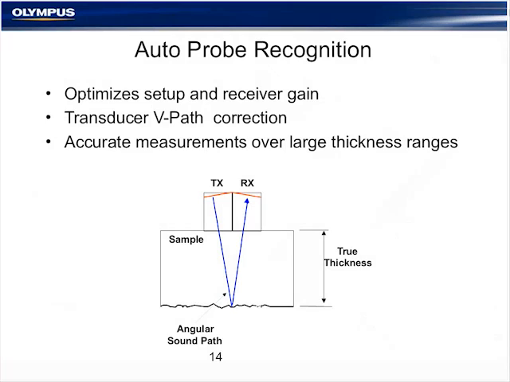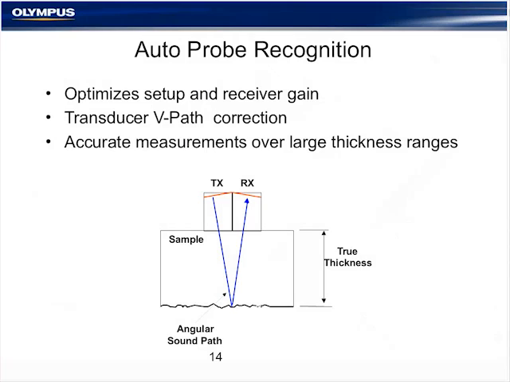One of the major benefits is that when the instrument understands what probe is connected, it can automatically make adjustments to the pulser settings to optimize the way that the instrument is pulsing the transducer, and often that has to do with the known sensitivity of a particular transducer, but also things like the frequency of that transducer. And it also allows optimization of the receiver components of the instrument.